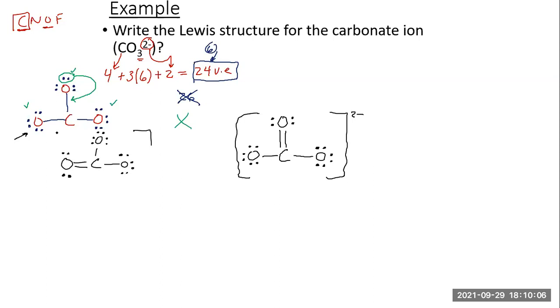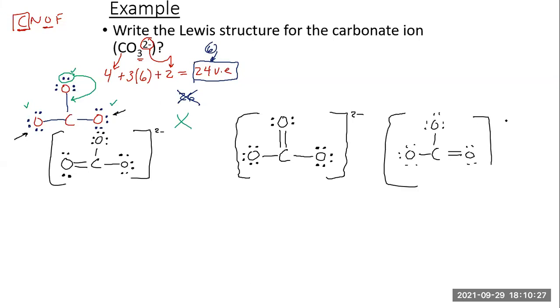You could absolutely have double bonded to the right-hand side. And again, the only difference would be that the double bond would end up over here on the right-hand side, and single bonded everywhere else.